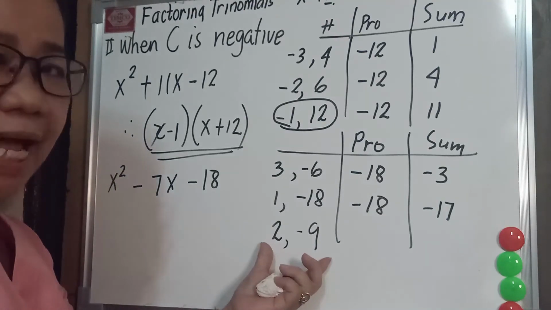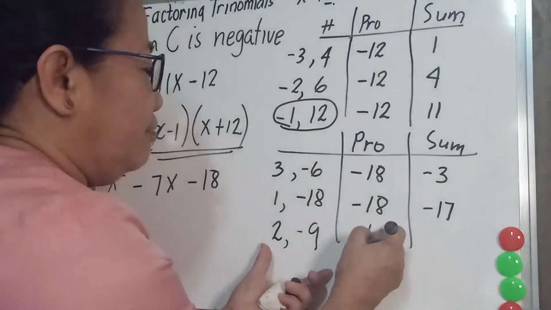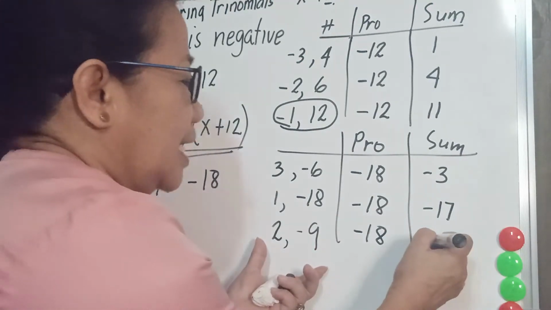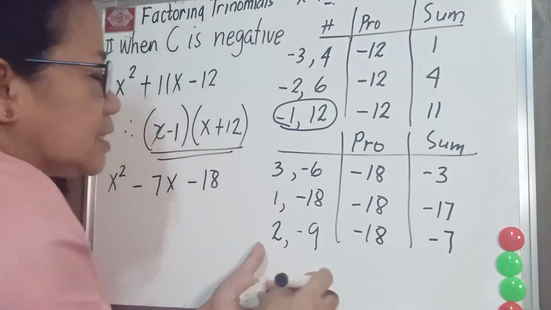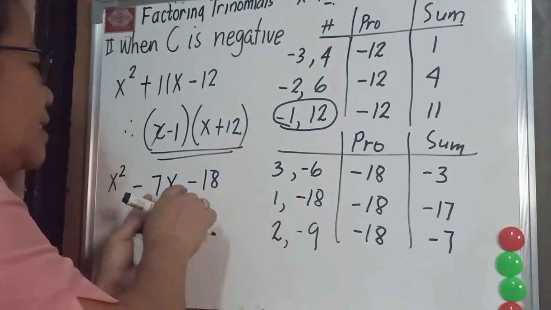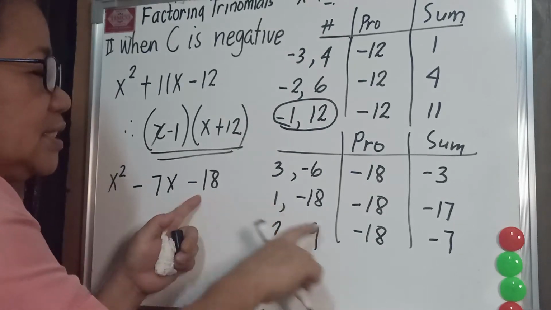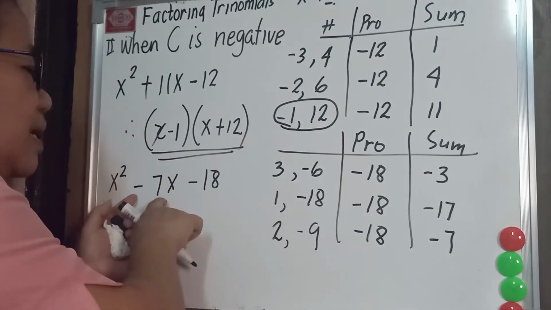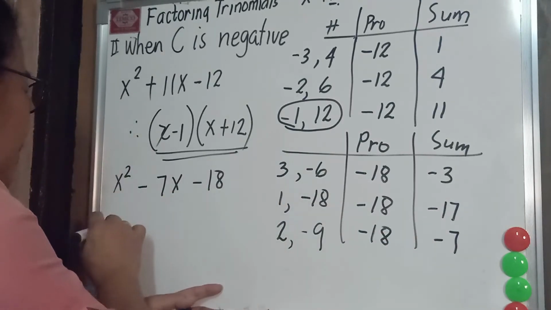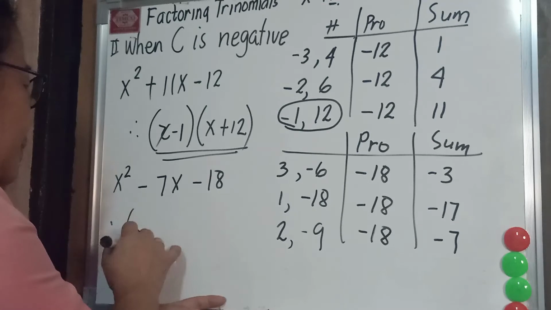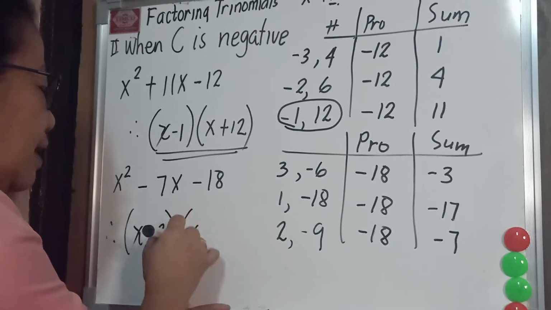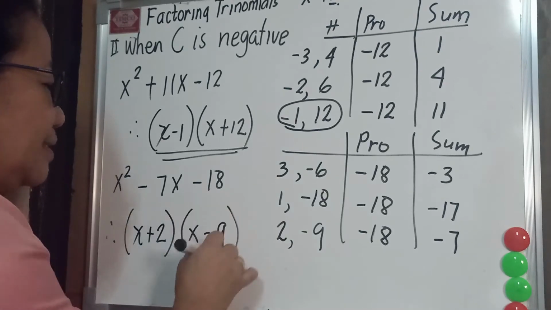So, what is the product? It is negative 18. What is the sum? It is negative 7. So, the pair of numbers 2 and negative 9 satisfies now your C, which is negative 18, and your B, which is negative 7. So, therefore, our factors are x plus 2 and the quantity x minus 9.